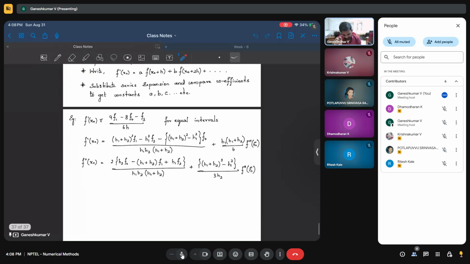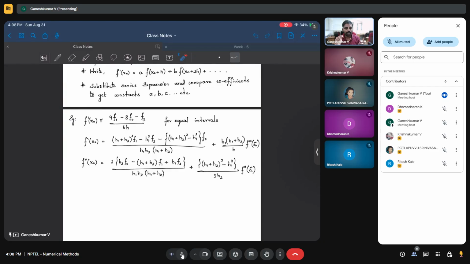So for example, let's say I want to find f dash of x naught. Now let's say I'm using f at x naught, f at x1, which is the next data point, and f at x3. I'm not using the second data point, I'm using the third data point. I want to use only these three, x0, x1 and x3.